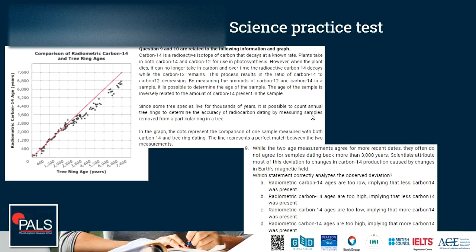You take a sample from a dead organism, from a fossil or something like this that still contains some carbon, and you can look at the amount of carbon-14 atoms present compared to the amount of carbon-12. And that will change over time. The older the sample is, the more carbon-14 will break down into another element called nitrogen. So the carbon-14 decreases over time.